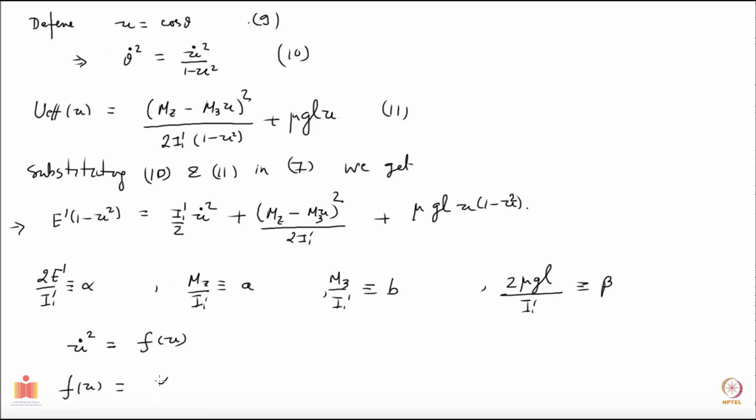It will be alpha minus beta u, then you will have 1 minus u square, that's correct, then minus (a minus b u) square. That's what you will get.